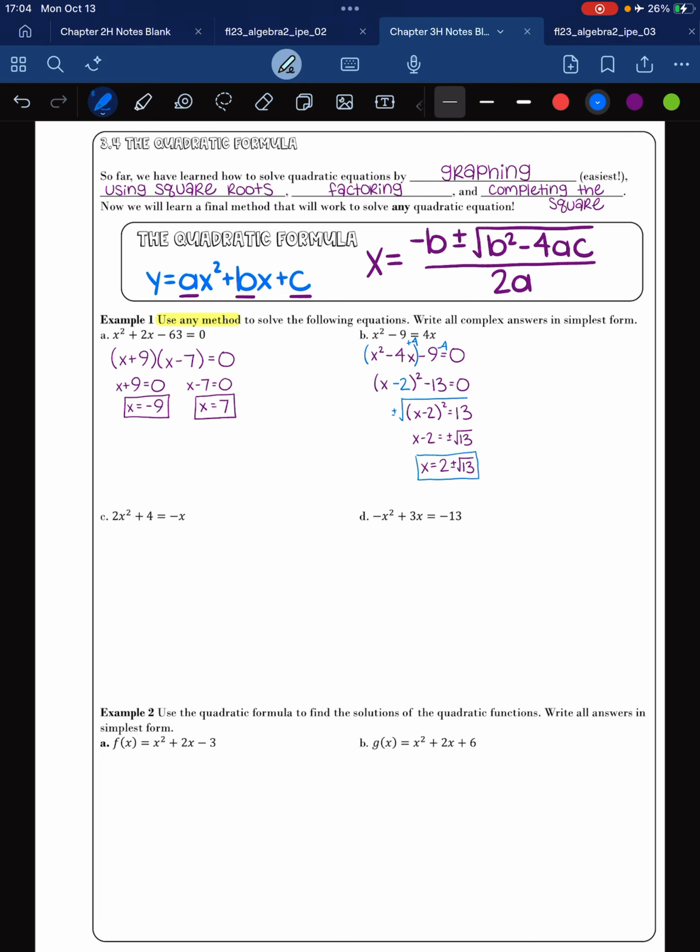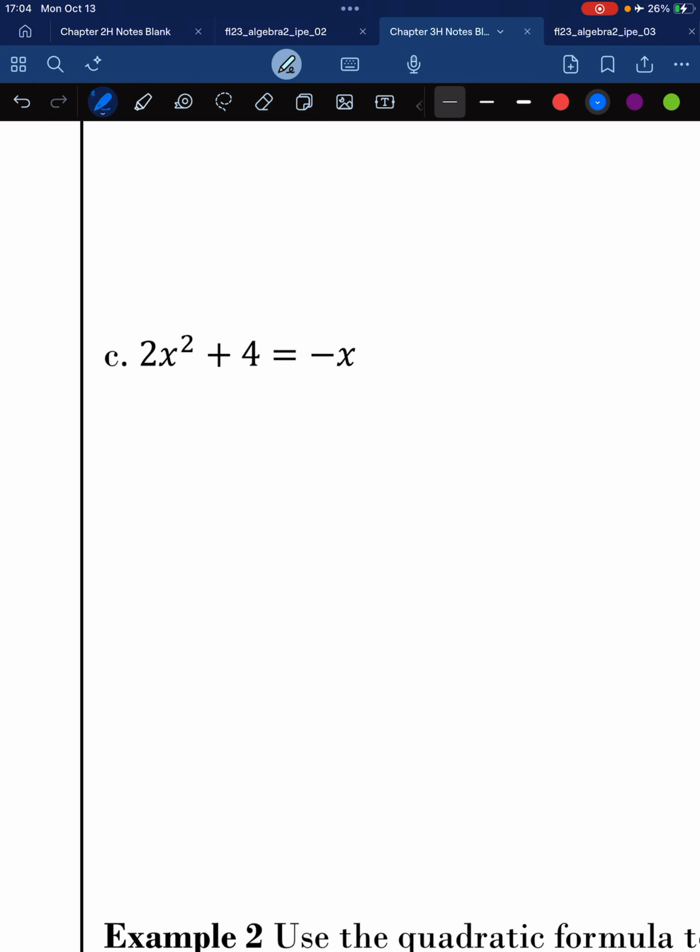Okay, so these next 2 problems are interesting, because when we move everything to one side, I guess I got a little ahead of myself. Let's go ahead and move everything to one side first. Plus x plus 4.